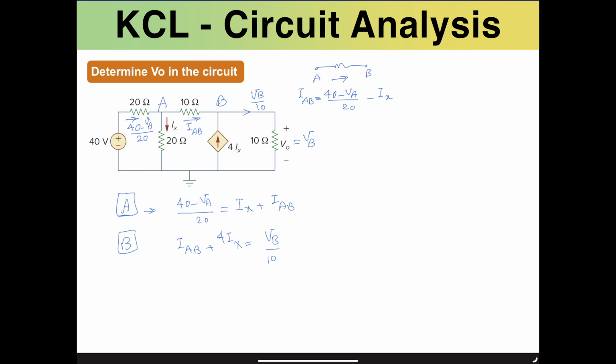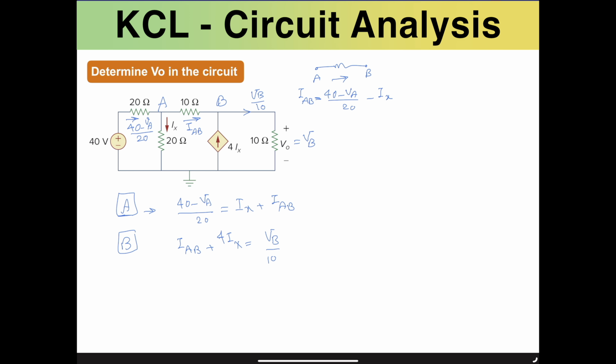So now we have two equations, but in terms of unknown parameters, we have VA, Ix, IAB, and VB. So 4 parameters are unknown, and we need to consider 2 more equations to be able to solve this set of equations.